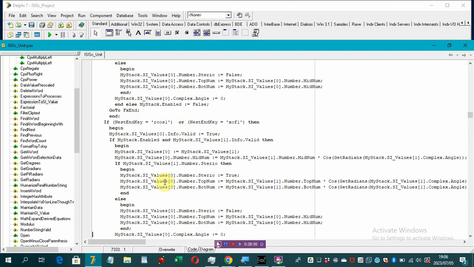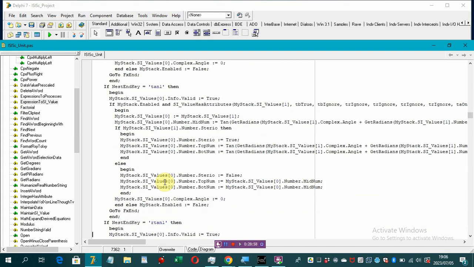My stack.enabled equals false. You see that a lot. That should disable the stack at the end of something. You see that my stack dot SE values 1.